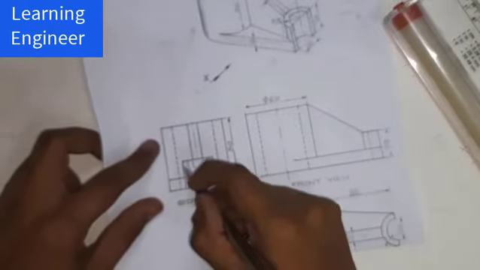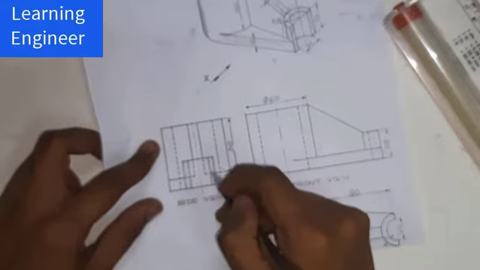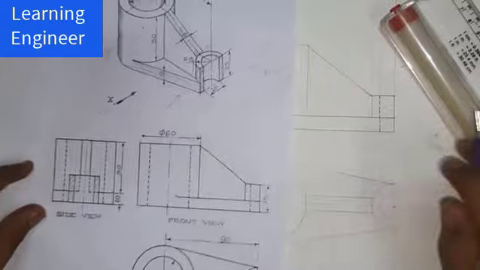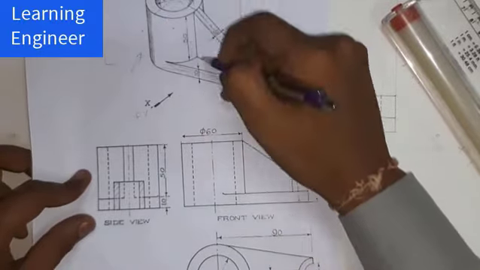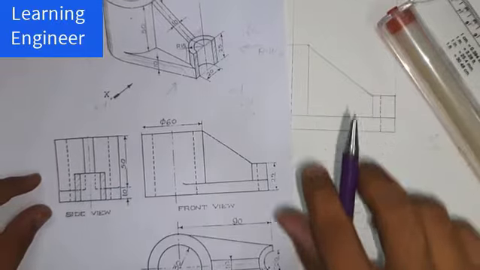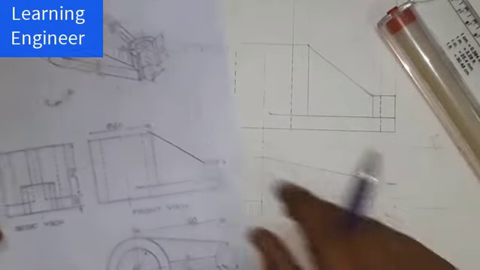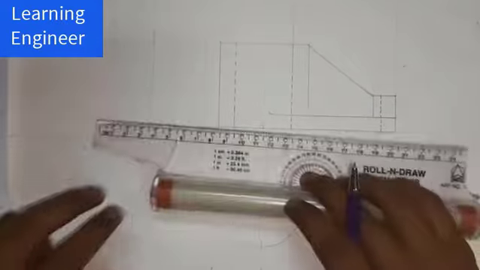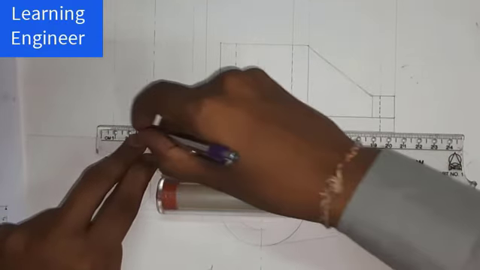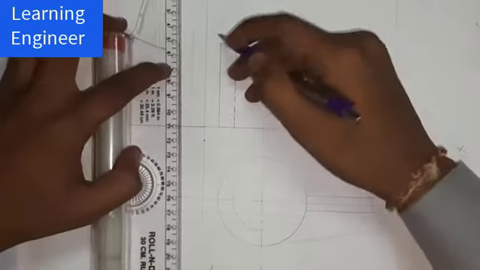You can see this part, and this whole part. And we will get a bigger rectangle on the outer side. The total height is 60 and the circle diameter is 60, so 60 by 60. Outer box we will get.